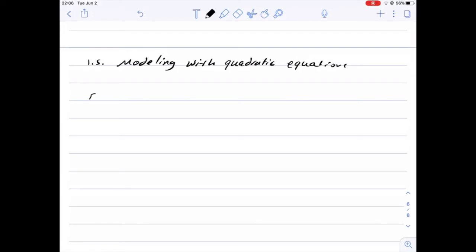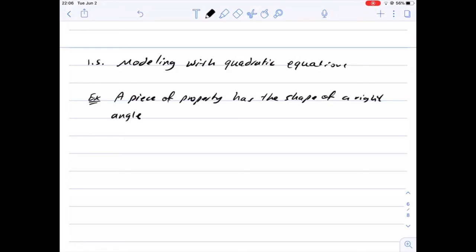We have a piece of property that has the shape of a right angle triangle.